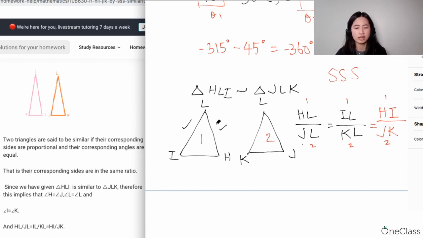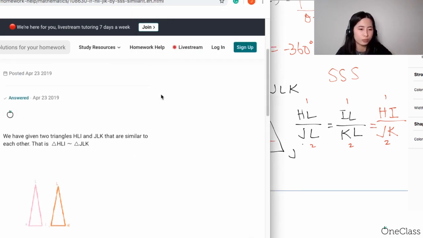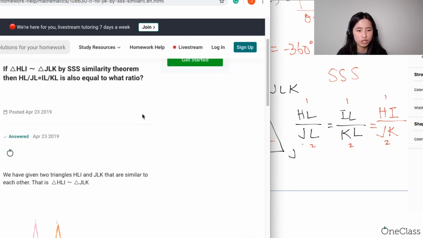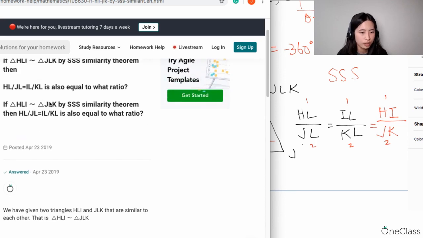Because they're similar. But you cannot say that this is an equilateral triangle. You can only say that this angle would be congruent to the other angle over here, this angle is congruent to this other angle K, and this angle H is congruent to this angle J. That's all you can say for SSS. But the whole point of this question is not to say that the angles are congruent. It's just looking for the other ratio.